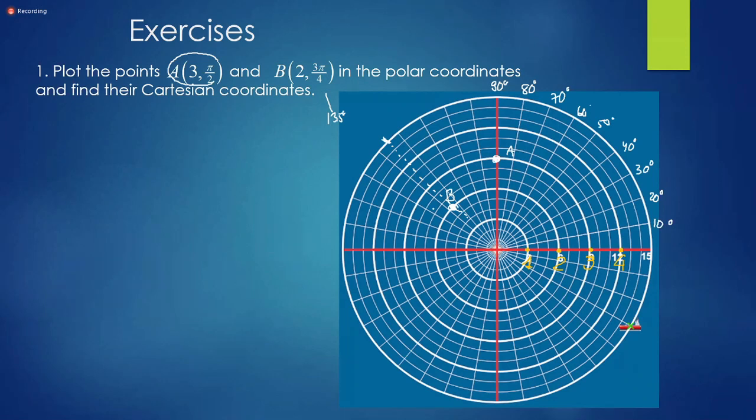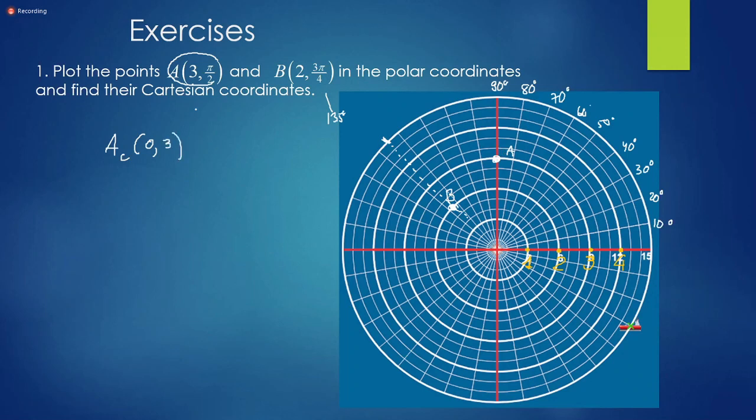And now find our Cartesian coordinates, so convert to the Cartesian system. For the point A, we understand the x coordinate is 0. We don't even need a formula because we see it with our own eyes. The x coordinate is 0, the y coordinate is 3.